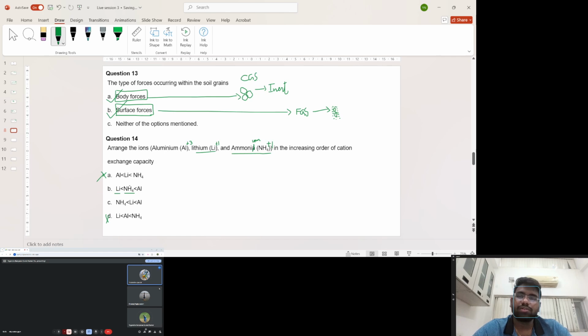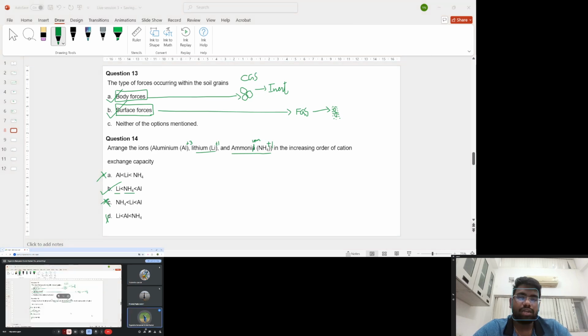So the order is lithium, ammonium, and aluminum. When you have equal valence, you have to compare the ionic size. Understood?